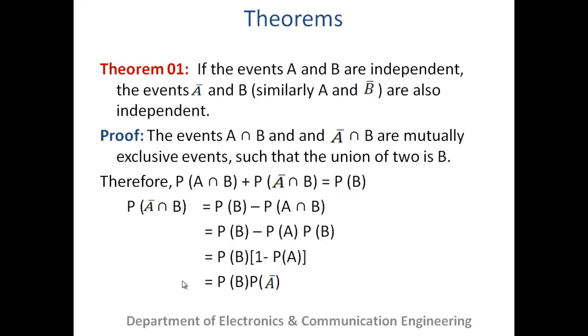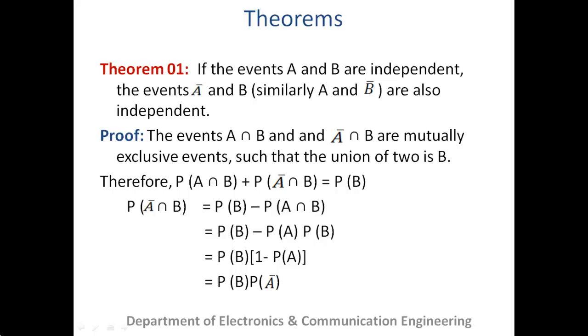The two events do not have any elements in common, and the union of the two yields the event B. Therefore the probability of A intersection B plus probability of A complement intersection B yields the probability of B.